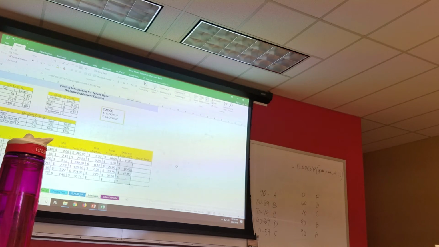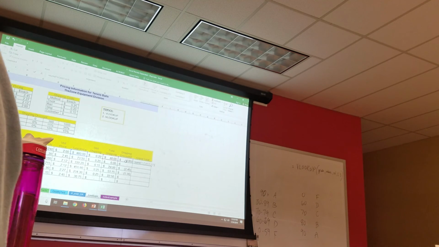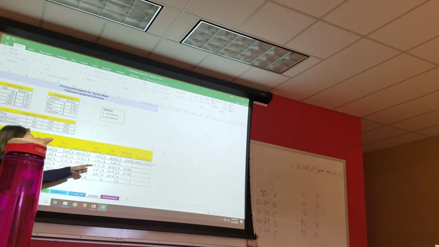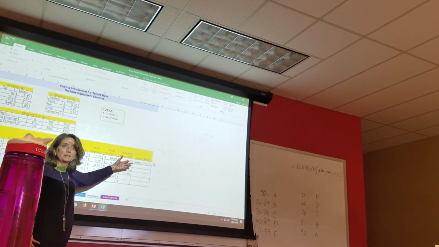So some people ordered enough to get a discount, some didn't. But in the end, the grand total, and there are a multitude of ways you can put this in here, but I'm basically summing, for me, the total price in F-17, the total shipping in H-17, and the shipping discount because I chose to make that negative, right?